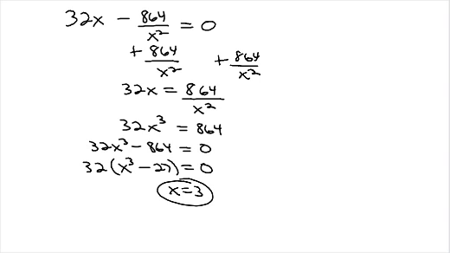Well, is 0 going to work? Can I do anything with 0? No, I mean, I need a base, right? So why not try 3? X equals 3 is a candidate. And I could also now do a little bit of analysis to see, is this 3 a maximum or a minimum?